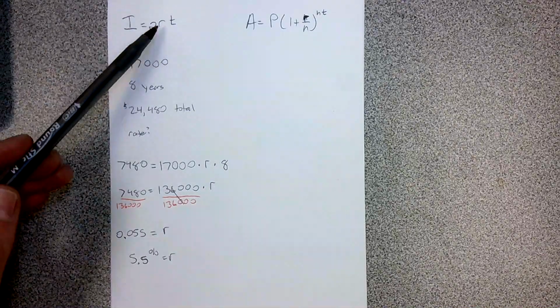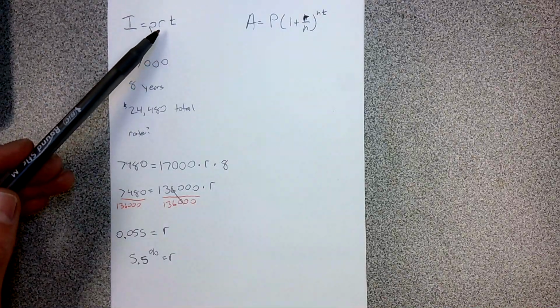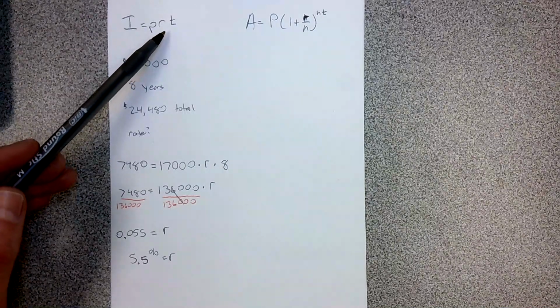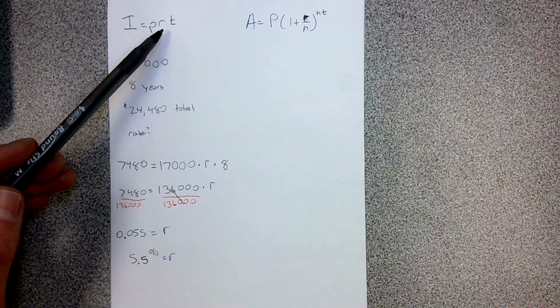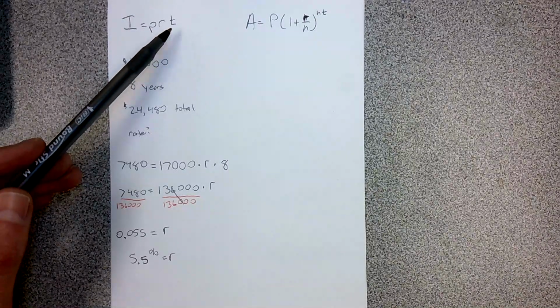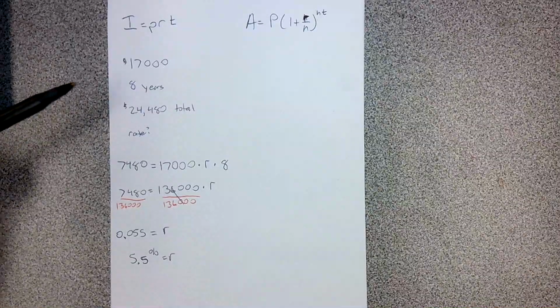Now, in this formula, R being the rate, if you're using a calculator, which most people do, calculators only like decimals, they don't like percents. So we have to change this to a decimal to use it in the formula, or we have to change it back to a percent at the end. And T is time in years. This formula is only set up where T can be years.